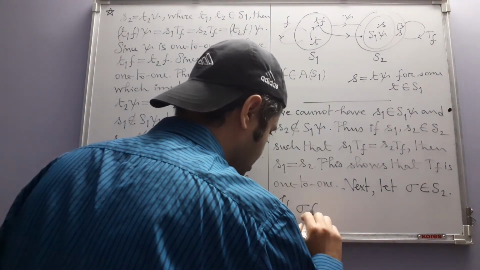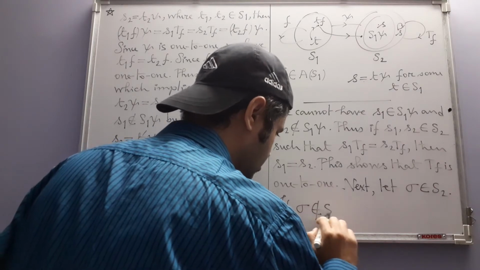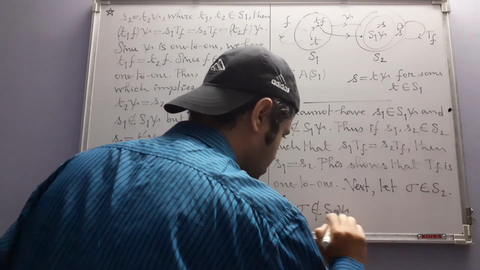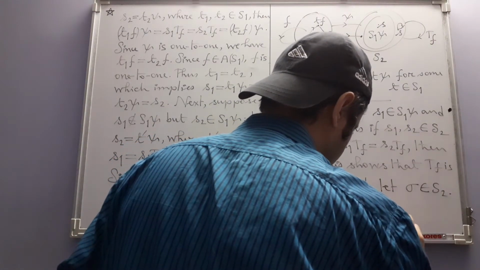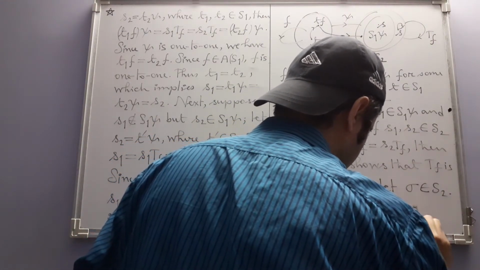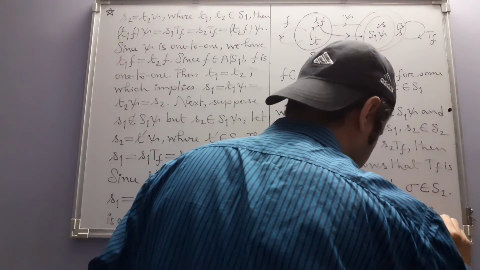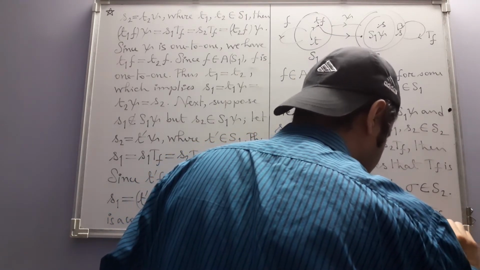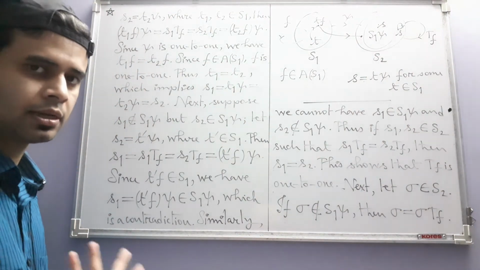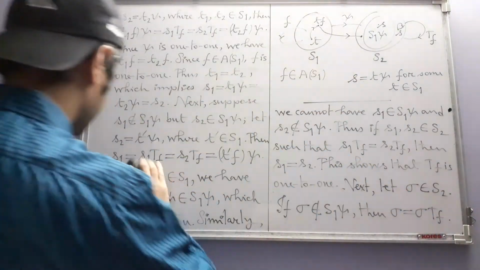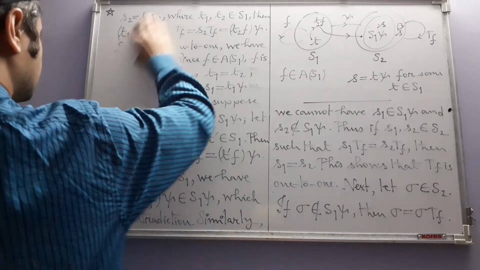If sigma does not belong to S1 psi, then sigma is the TF image of sigma itself. So sigma appears as an output under the function TF.